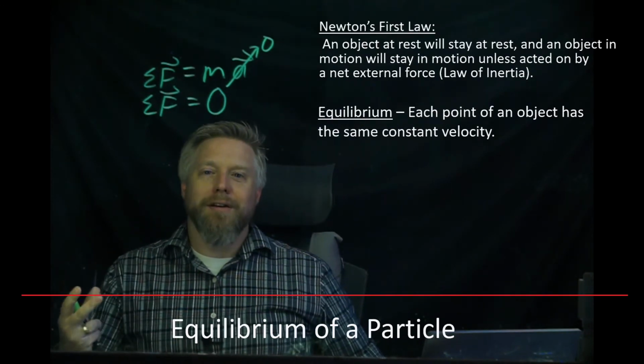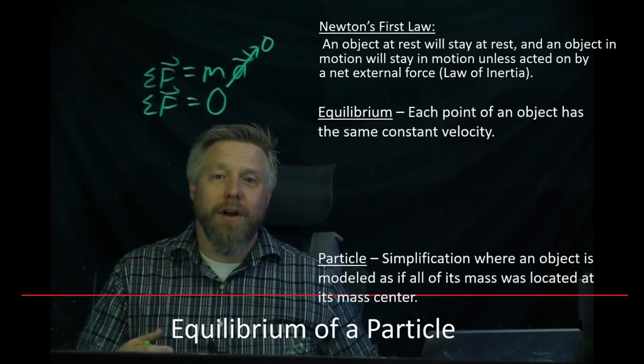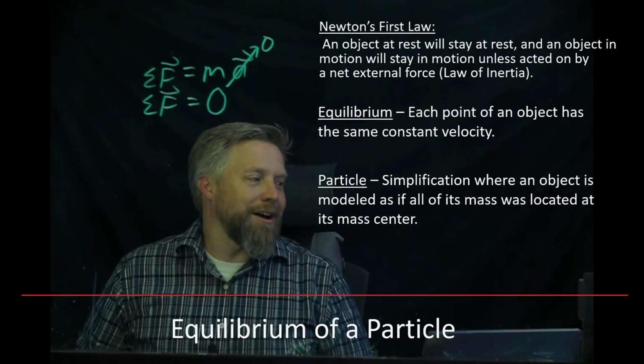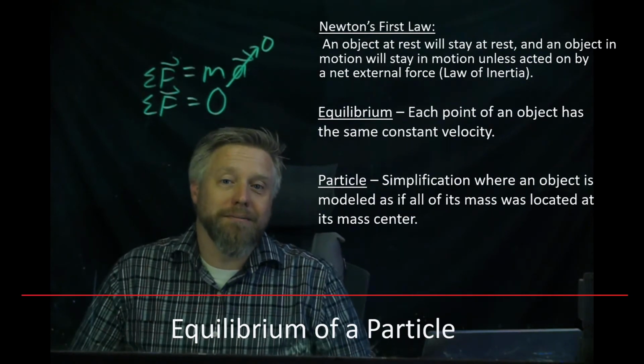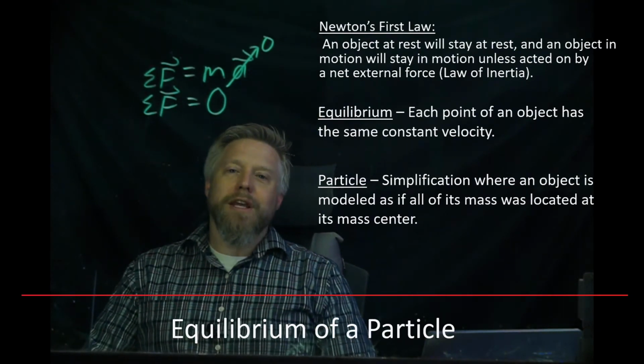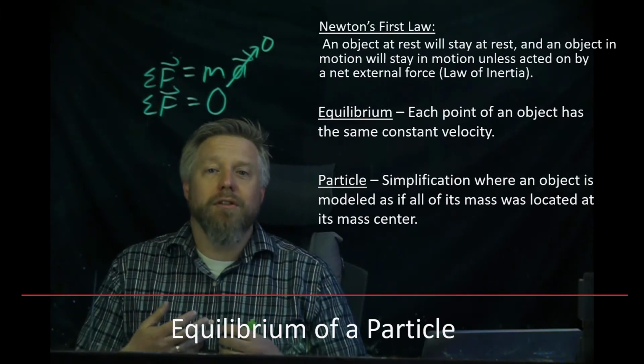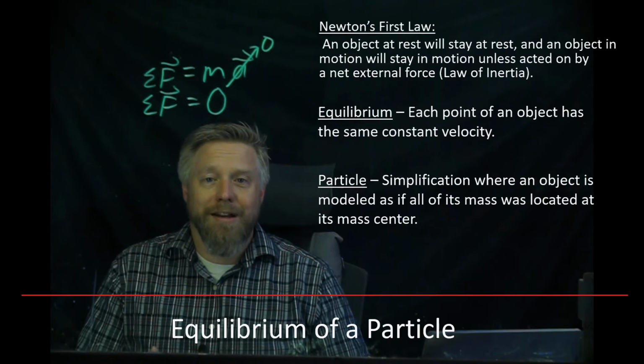There's one other word here that we're throwing around that I wanted to define very succinctly, and that's particle. Why are we talking about equilibrium of a particle? Well, the reason is we kind of want to ease ourselves in. We're making a simplification to reality so that we can learn equilibrium and learn free body diagrams.